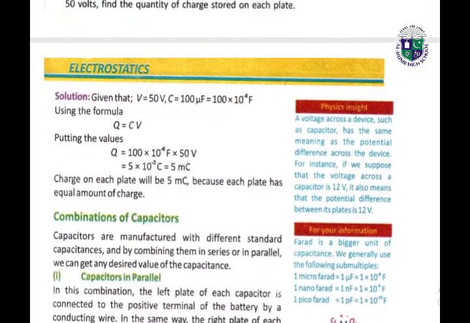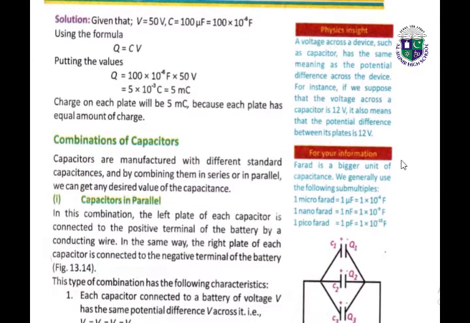So here the data is given. V is equal to 50 volts, C is equal to 100 microfarad, which is 100 into 10 power minus 6 farad. Using this formula Q is equal to CV, by putting all these values, we get the charge on each plate will be 5 mC.